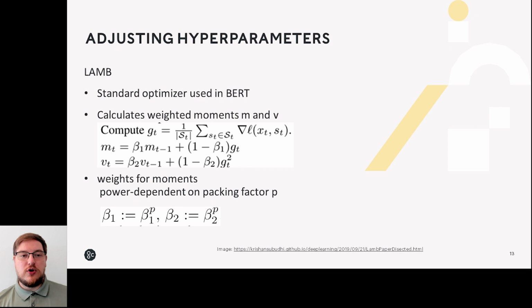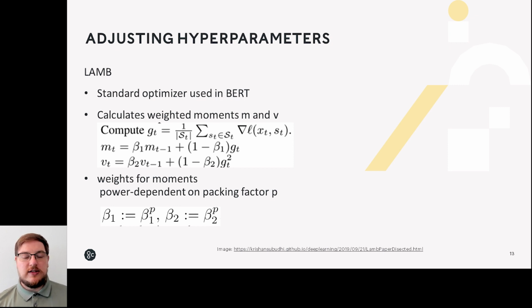another set of hyperparameters is related to LAMB. LAMB is a standard optimizer used in BERT. When we calculate the weighted moments M and V for LAMB, we have weights that combine the old moments with the new moments. These weights are called beta. These weights for moments have to be adjusted.